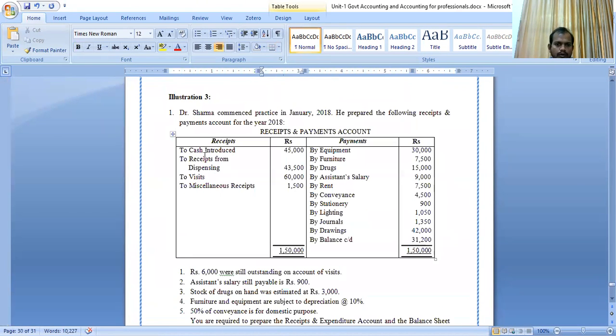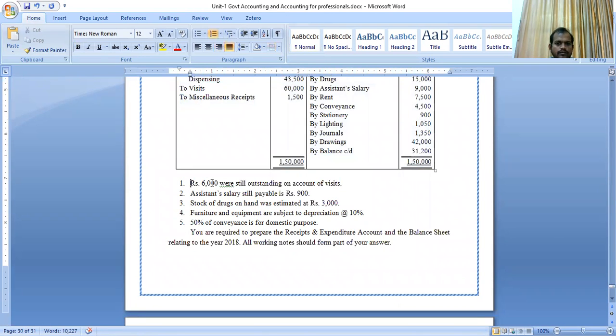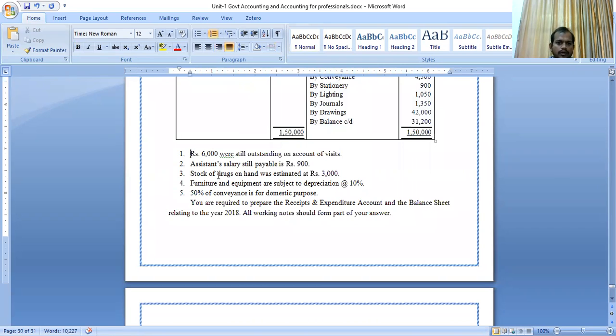So there is no transaction left in the receipts and payments account. So we have to go with the adjustments.